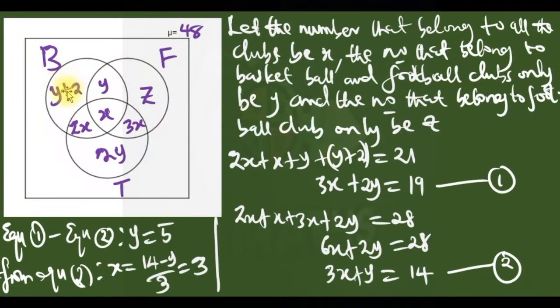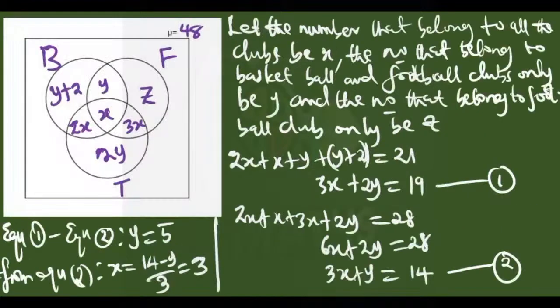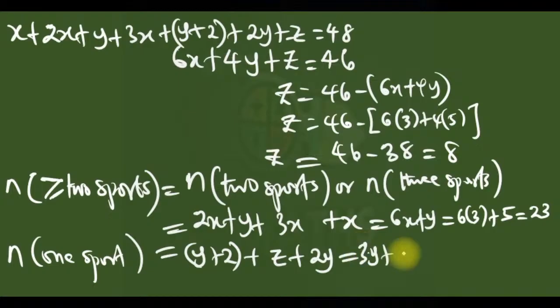Here, 1 club means basketball only, football only, or table tennis only. That is y plus 2 plus 2y plus z, which is 3y plus z plus 2.